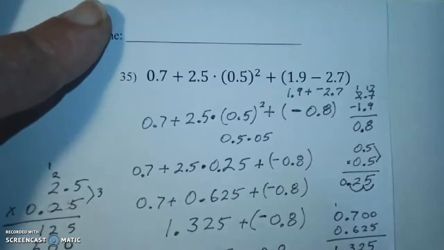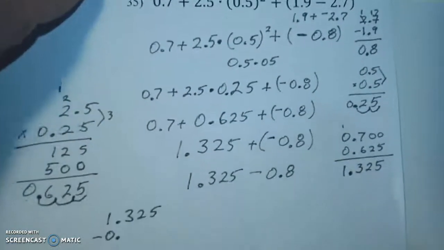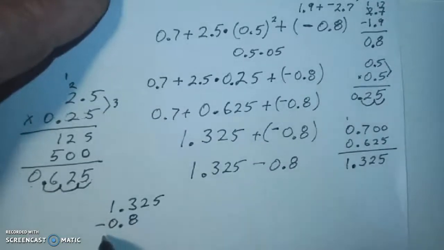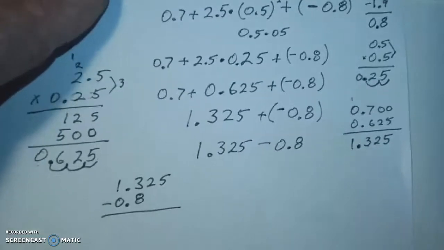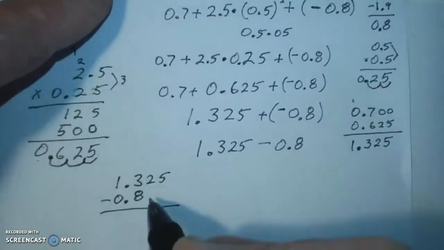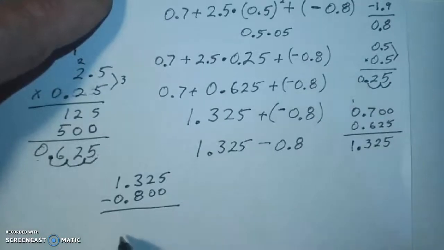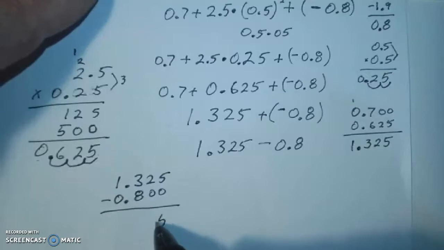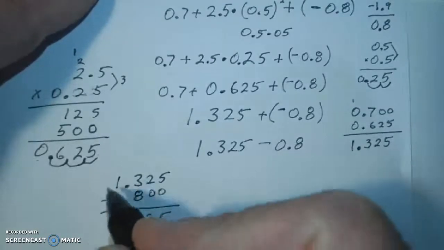Line up the decimal points when you add and subtract decimals. Fill in with zeros. 5 from nothing, or 0 from 5 is 5. Nothing from 2 is 2. 8 from 3, we'd have to borrow.